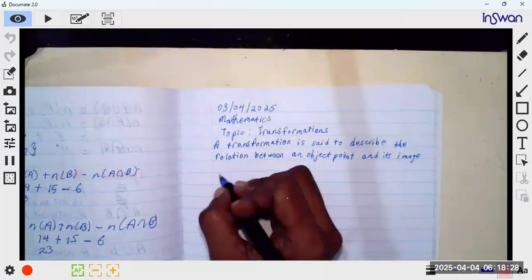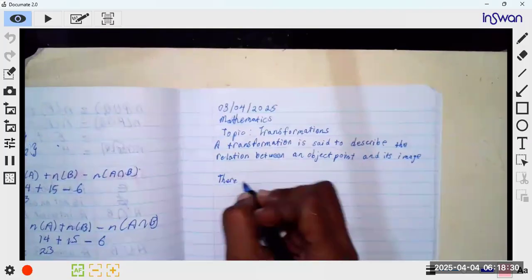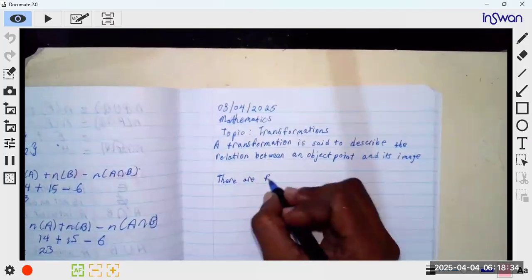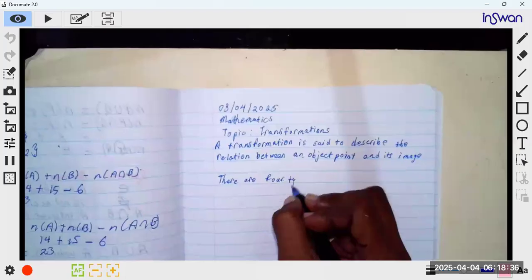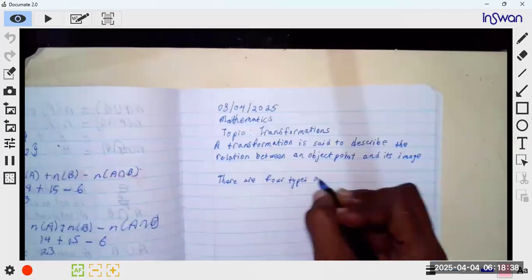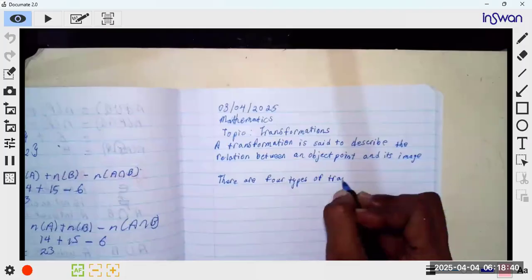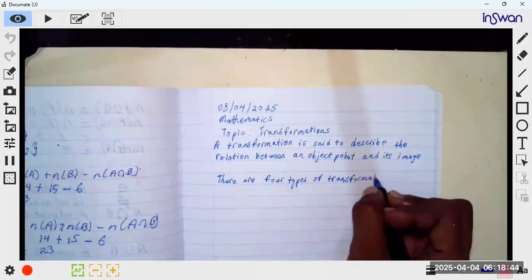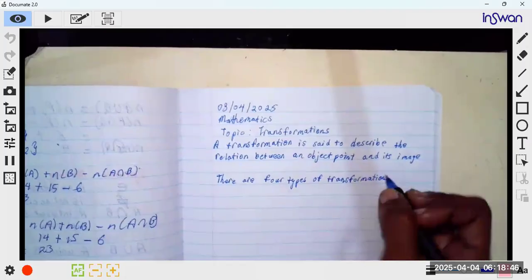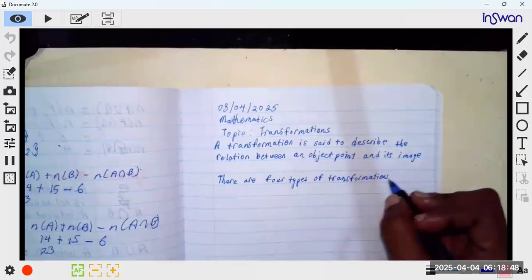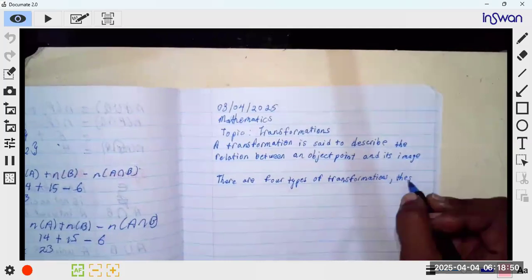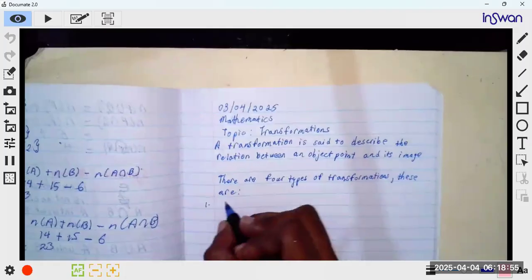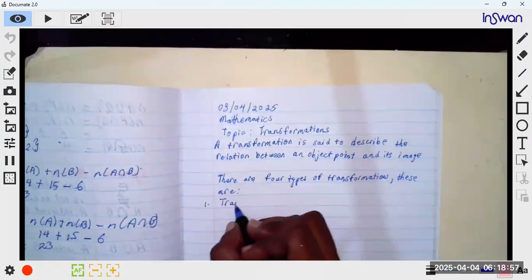These are, the first one is what we call translation.